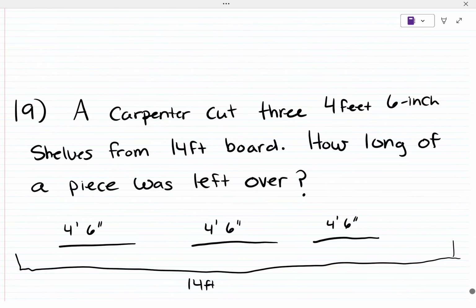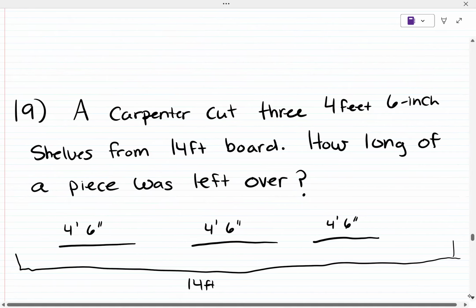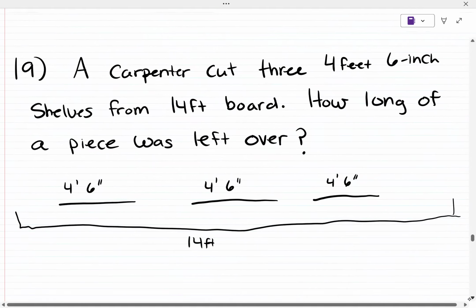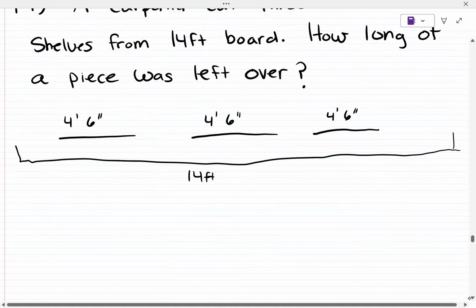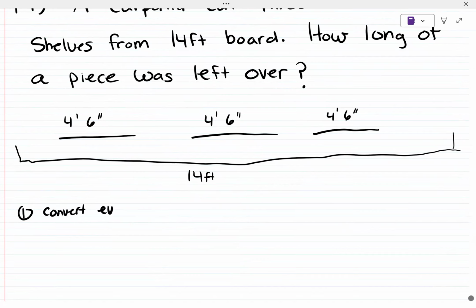So what we're going to do is convert everything into inches. First step is convert to inches. Okay. So 4 feet and 6 inches. So let's convert that feet into inches.